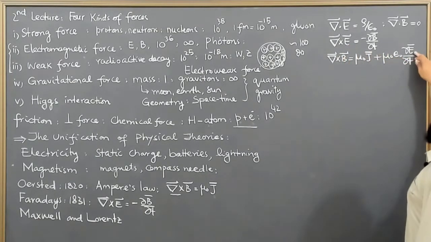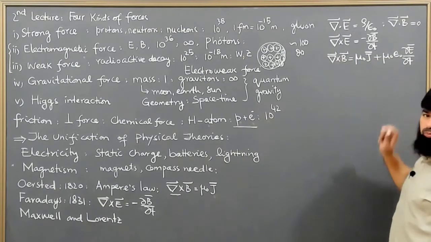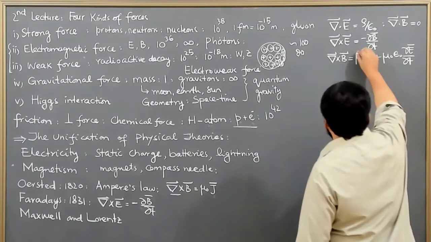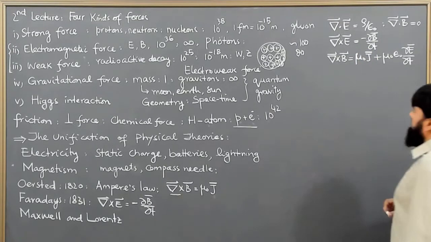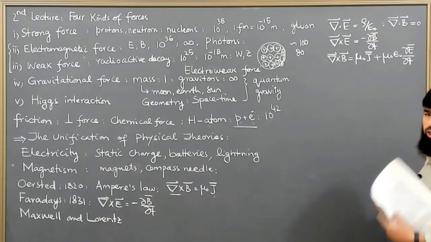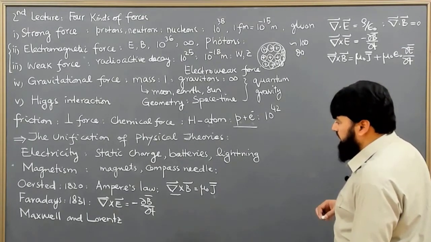If you vary the electric field in time, you are having a magnetic field in space. So it is a situation of the two being intertwined with each other. They are not separate from each other.